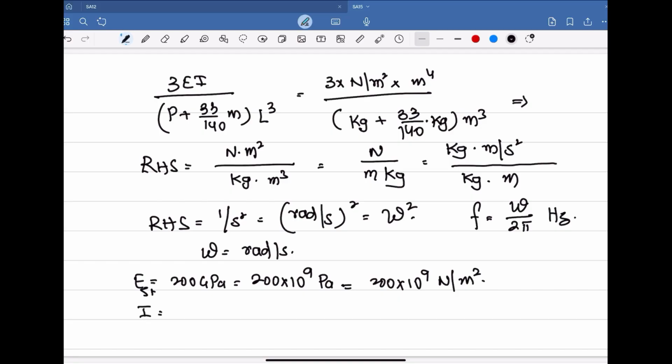I is equal to how much? For a circular beam, I is pi by 64 into d to the power of 4. That is pi by 64 into 0.05 to the power of 4.